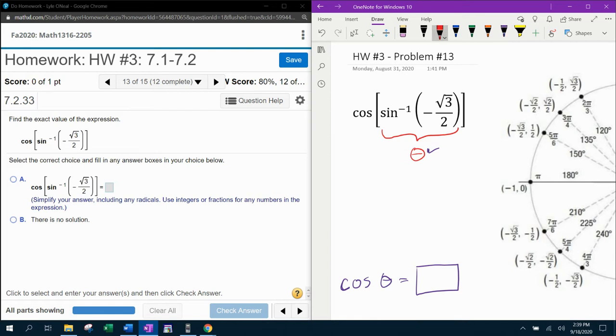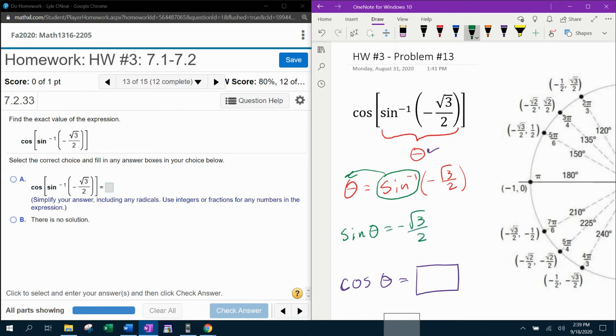Here are the steps. We know that theta is the inverse sine of negative square root of 3 over 2. If I bring the inverse sine to the other side, that's going to turn it back into regular sine. So sine of theta is negative square root of 3 over 2.